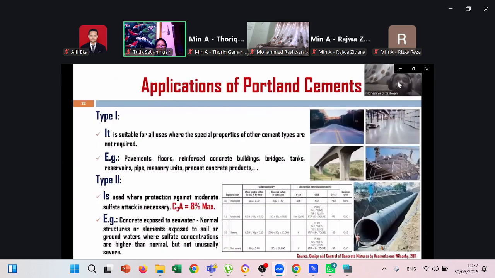The application of different Portland cements: Type I is suitable for all purposes, except if we require special properties like heat resistance or sulfate resistance or any other special property of cement.